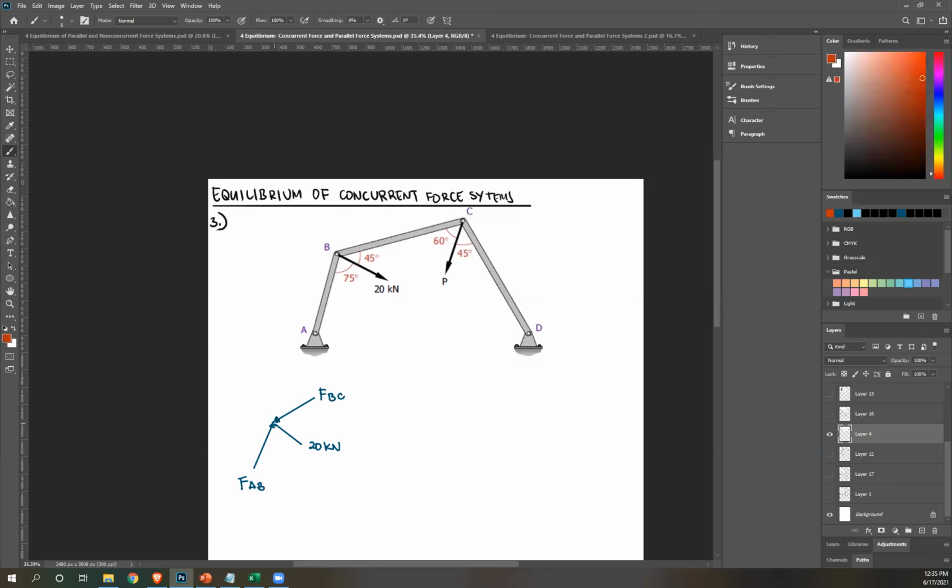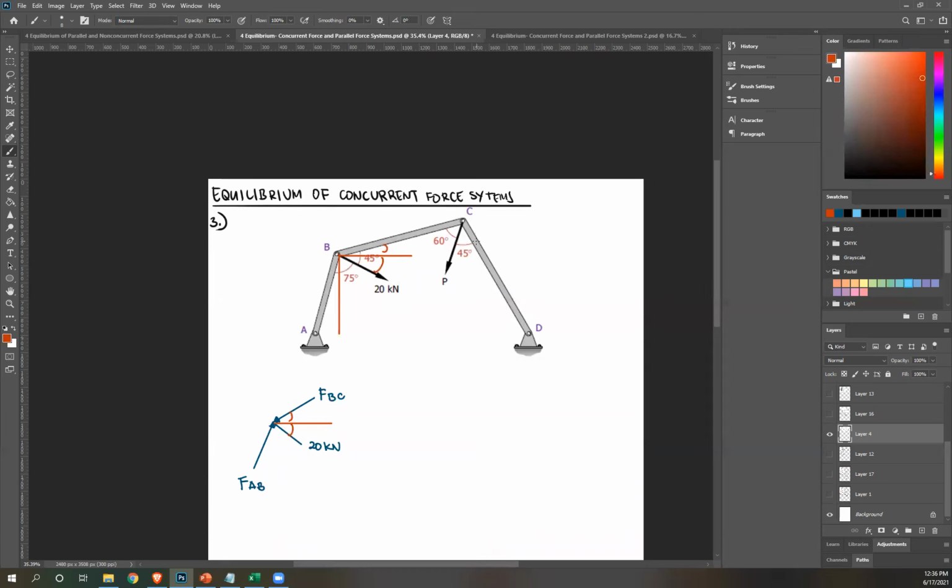Now, if we do it this way, the next goal is to figure out the angles from the horizontal. And we know this entire thing is 45. Another given is the 75. Now, as you've noticed, it will be a bit harder to know these angles, because we don't know the exact orientation of the system.